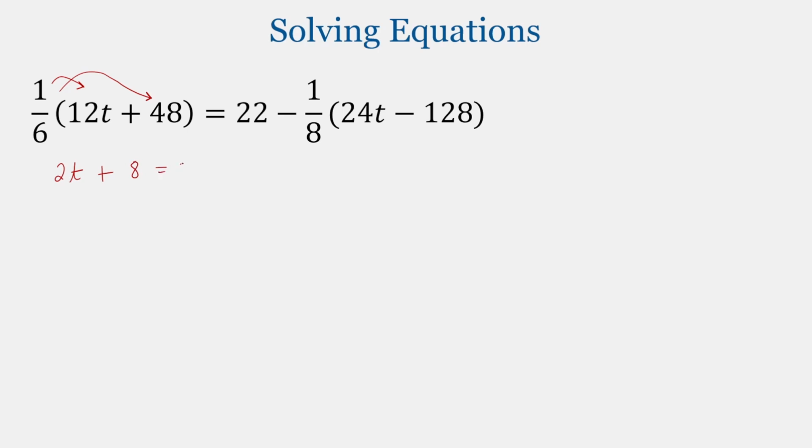And that's equal to 22 minus, and then 1/8, we're going to multiply to the quantity 24t minus 128. 1/8 times 24, that's 3t. And then negative 1/8 times negative 128, or 128 divided by 8, is positive 16.